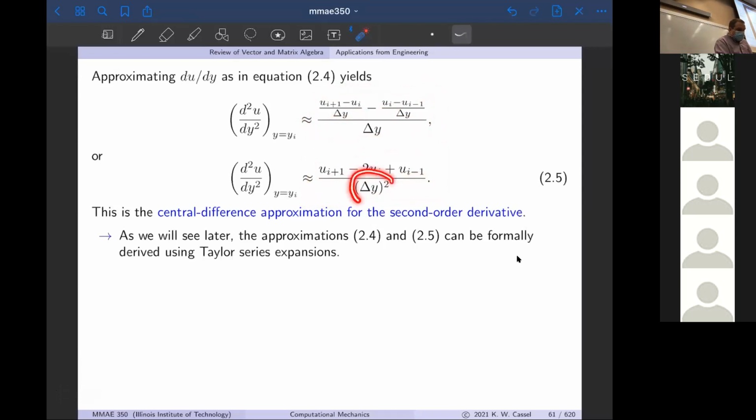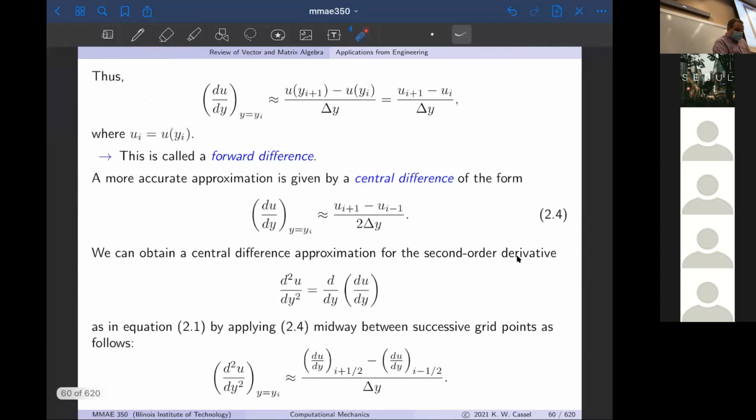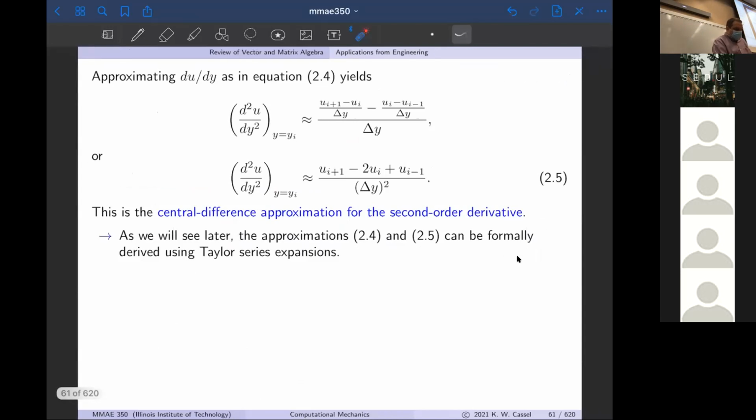But now the denominator is delta y squared. So for the first derivative, I have this approximation, point to the right, point to the left. And for the second derivative, I have this approximation, point to the right, point to the left, and the point itself. This is again called a central difference approximation, but now for the second derivative.